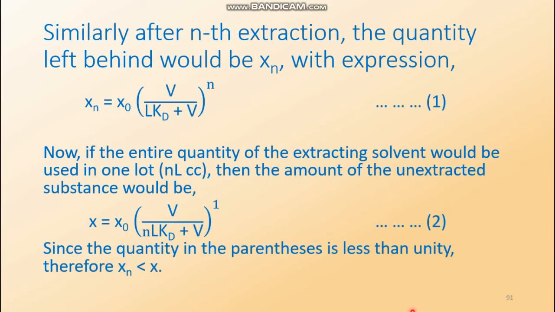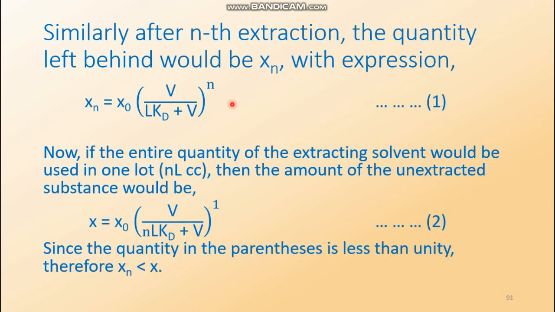Similarly, after the nth extraction, the quantity left behind would be xn, with the expression where everything is the same except this power. Instead of 2, you are writing n here. So nth operation and nth power. This way you are getting equation number 1.